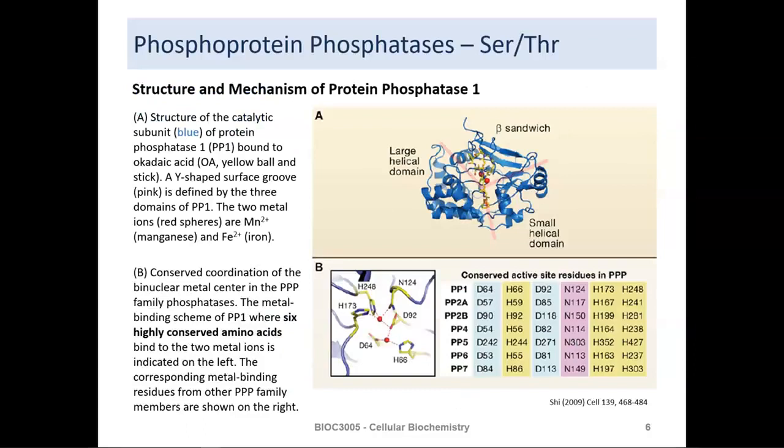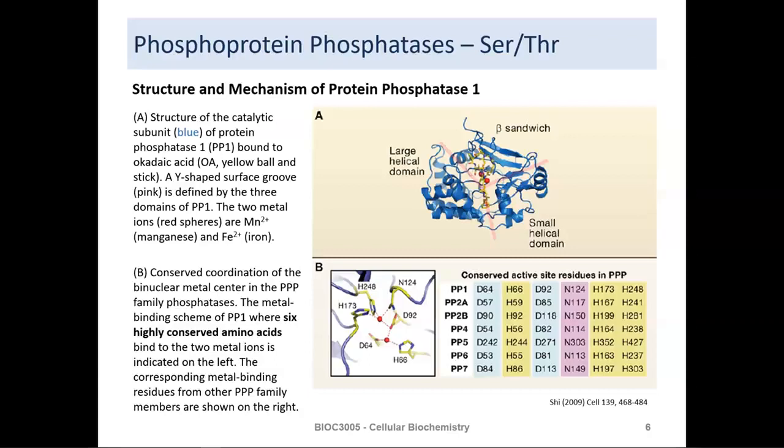If we take a closer look at the structure of protein phosphatase 1, we can start to understand its mechanism. In the top panel, we can see the structure of the catalytic subunit, shown in blue, of PP1.